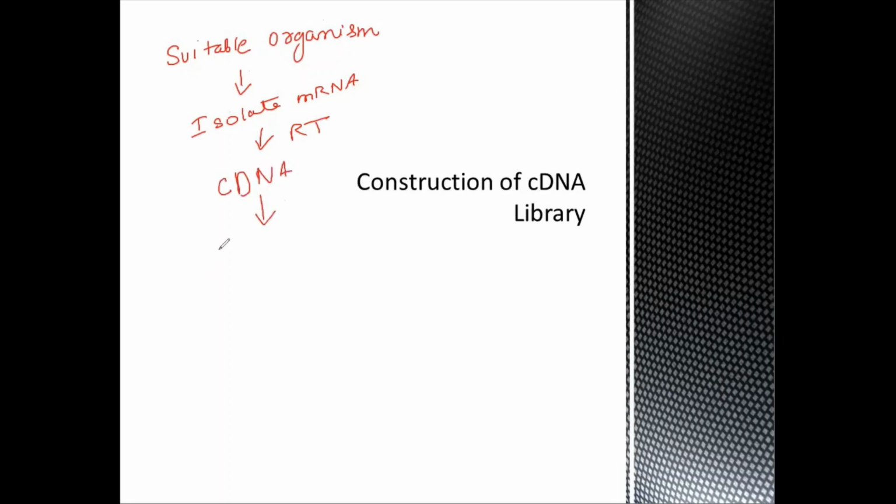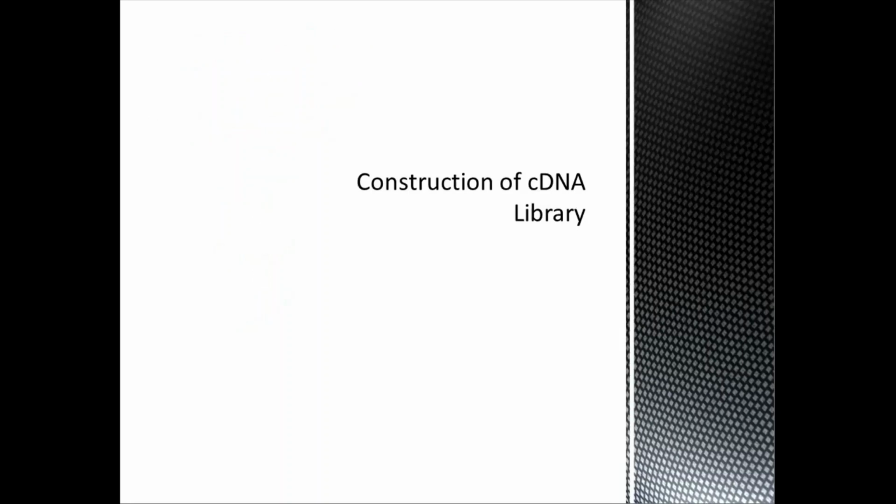This cDNA has to be inserted into the vector and then into the host cell, where it multiplies and creates multiple copies of cDNA inserts. So according to my definition, it's a population of bacterial transformants in which the cDNA insert is present in a plasmid or a phage vector. As you've seen, these are the basic steps. Let's get clear with each and every step.